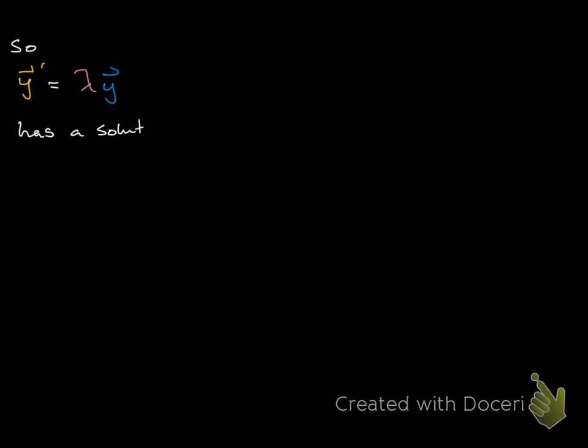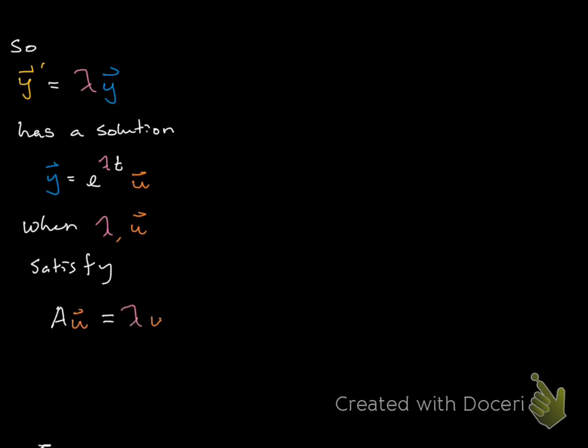So this differential equation has a solution e to the lambda t times u when lambda and u satisfy Au equals lambda u. That's our eigenvalue-eigenvector problem. I'm just summarizing what I was talking about on the previous slide, that this eigenvalue-eigenvector problem is a direct consequence of how I solve the differential equation.